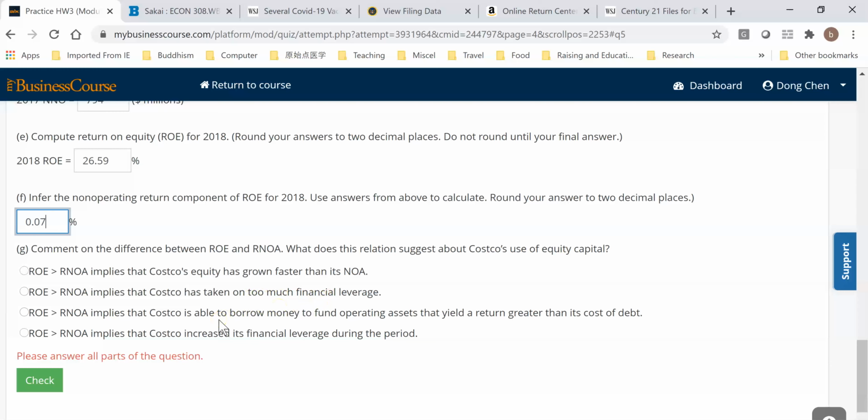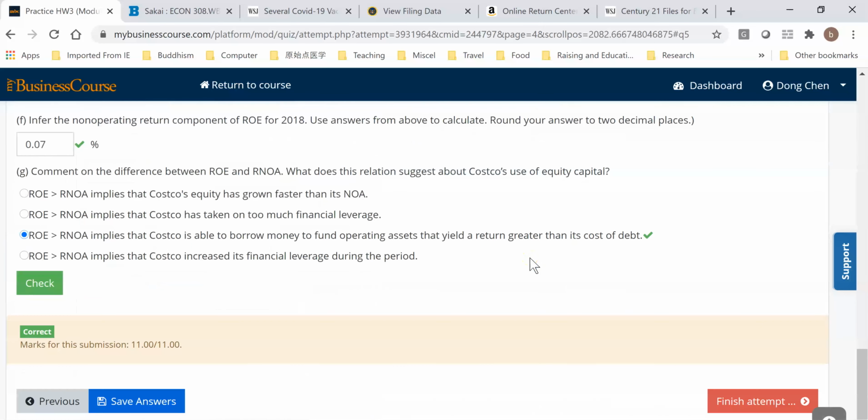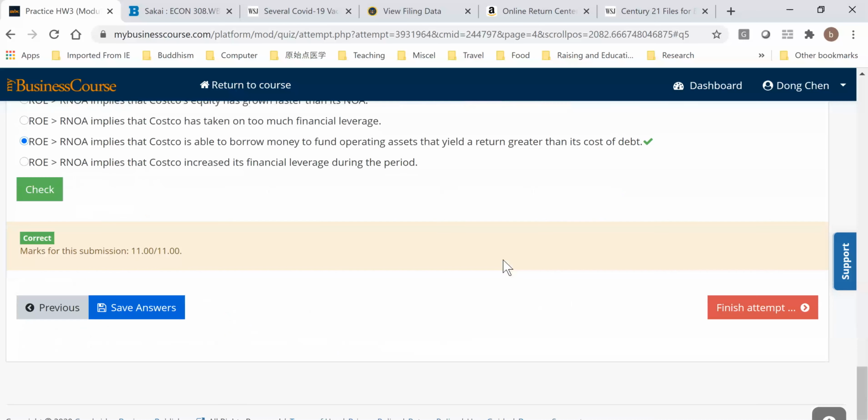This means the profit is equal to or larger than the cost. "Costco is able to borrow money to fund operating assets that yield a return greater than its cost of debt" is exactly what we are looking for. Now let's check our answer. All right, it seems we're good to go.